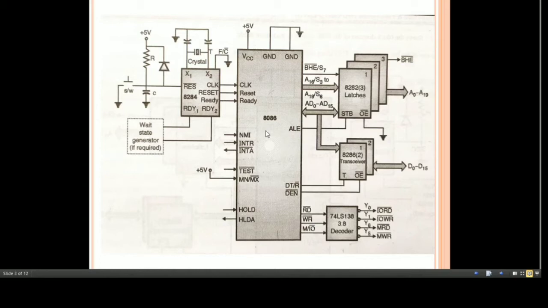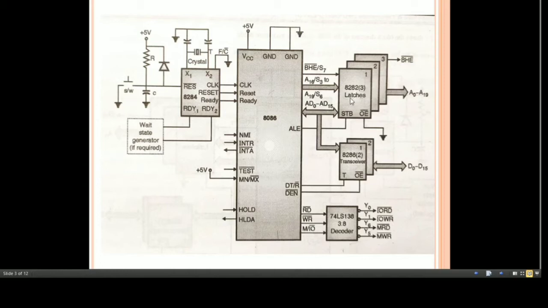We know that in 8086 the signals AD0 to AD15, as well as A16 to A19 and bus high enable, are multiplexed, and these signals are demultiplexed by using external latches and the ALE signal.